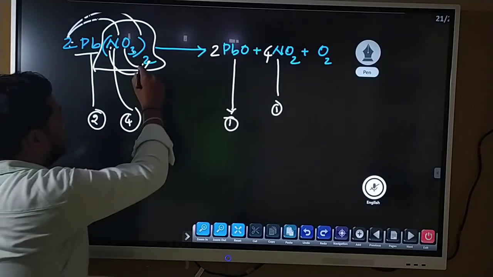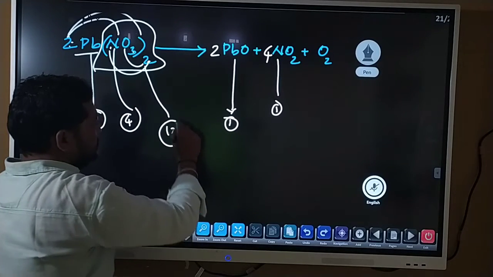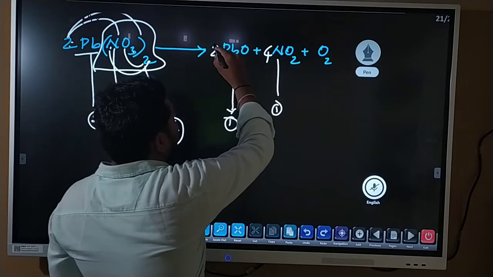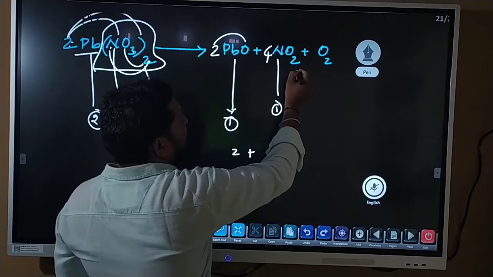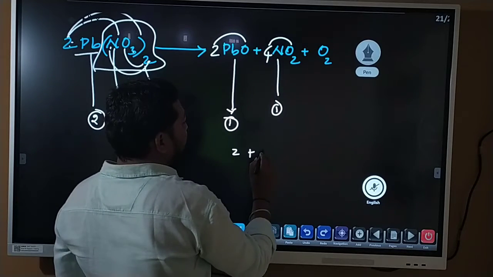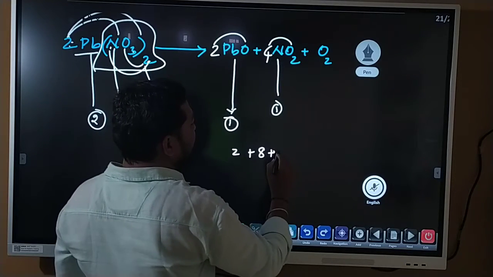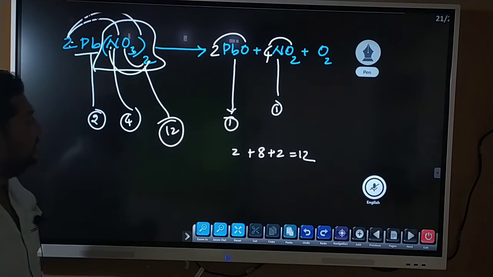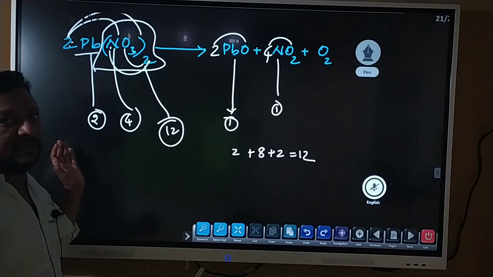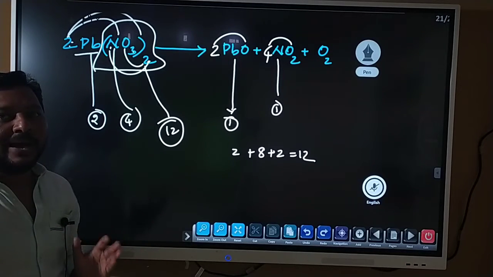Already 12 oxygens are there. Here 2 oxygens plus already 2, 2 into 4, 8 oxygens are there, and last 2, that means totally 12 oxygens. Now all the things are balanced.